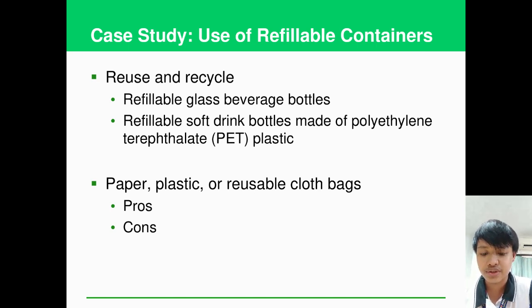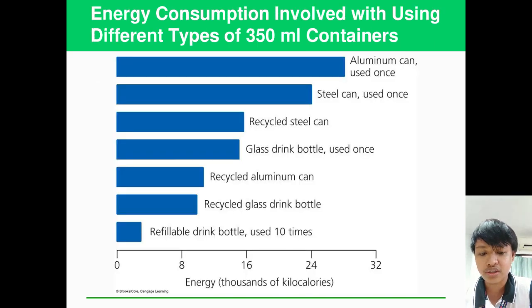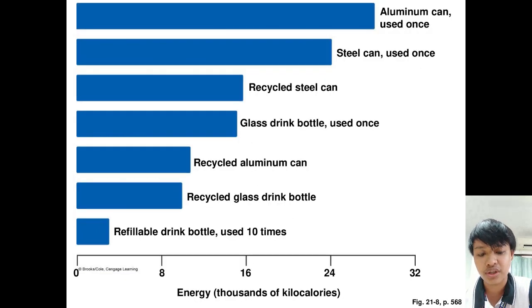Under reuse and recycle, there are refillable glass beverage bottles, refillable soft drink bottles made of polyethylene terephthalate or PET plastic, paper, plastic, or reusable cloth bags, and energy consumption involved with using different types of 350 ml containers. As you can see in the graph, aluminum cans have the highest energy use, and the refillable drink bottle has the lowest.